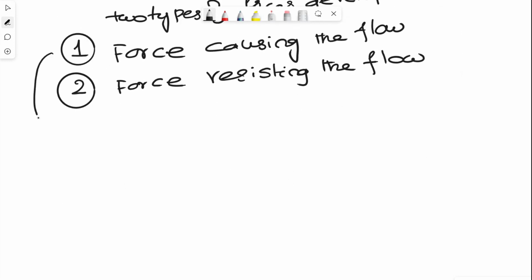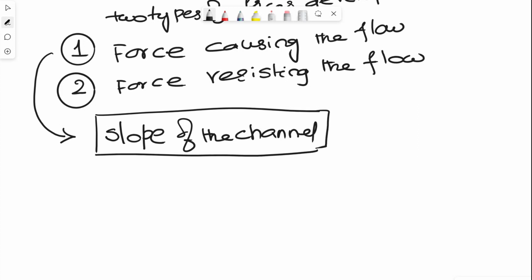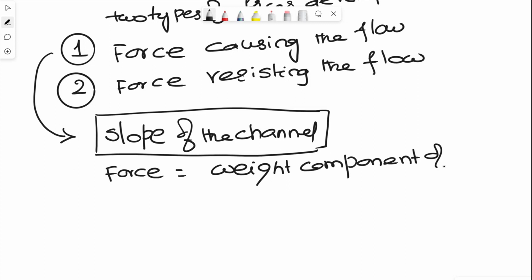The force causing the flow is basically the slope of the channel, which is mainly responsible. If you want to calculate that force, it is nothing but the weight component of water in the direction of flow.